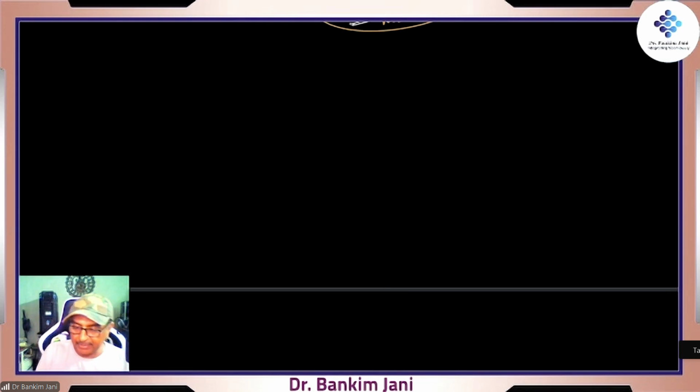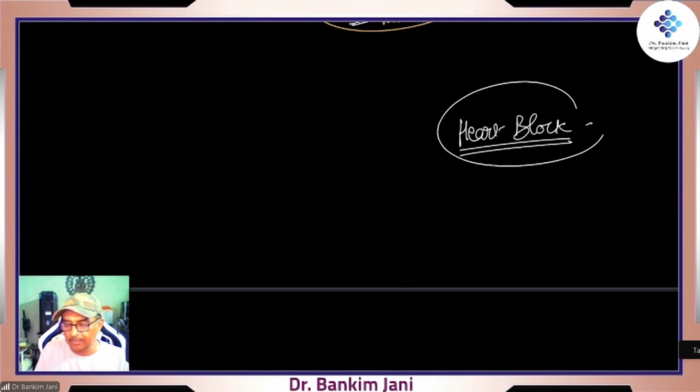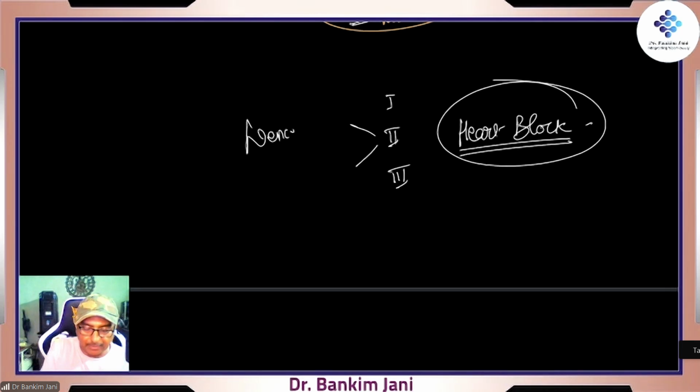What we shall be learning is what is called heart block. So in heart block, there will be type 1, type 2, and type 3. In type 2, once again, there will be two types, what is called the Mobitz phenomena and the Wenckebach phenomena.